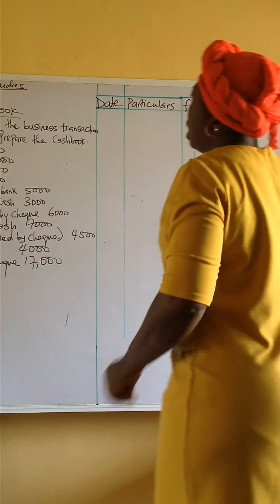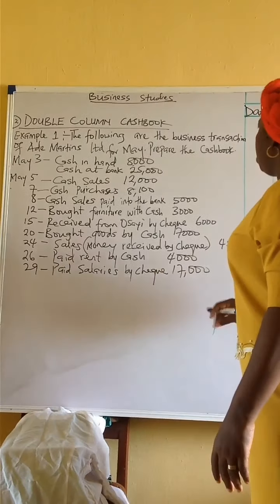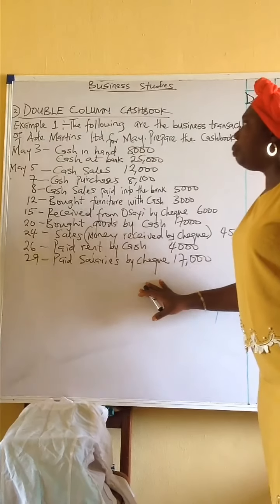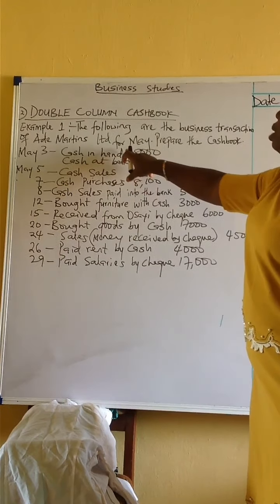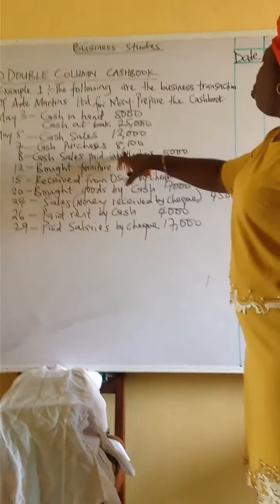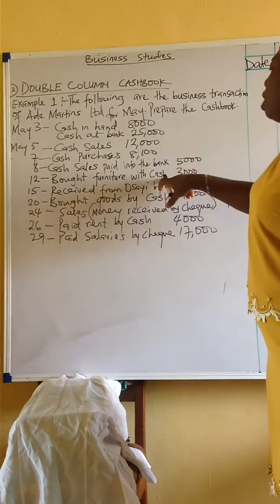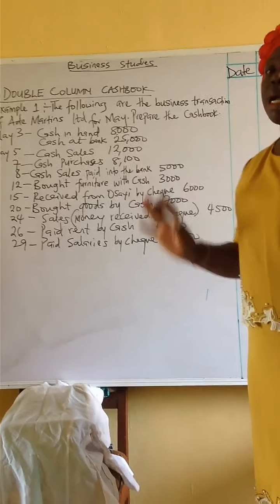Now, if you look at this question, the first question we want to start with, you have cash in hand, cash at bank. Then you have paid into the bank, you have cash. Once you see questions like this, you know that it is a double column cash book.